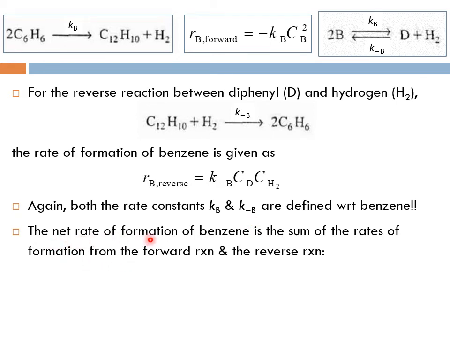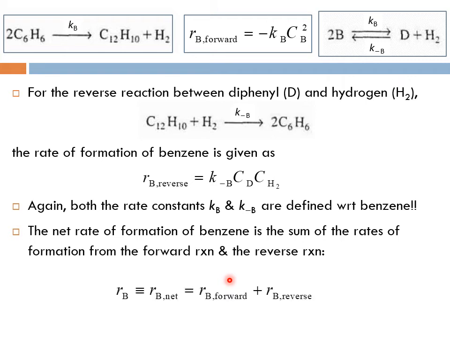The net rate of formation of benzene, so now we want to calculate the net rate of formation of benzene, is the sum of the rates of formation from the forward reaction and the reverse reaction. If I want to know in total how much benzene I'm producing, I should sum up all the rates of formation of benzene.